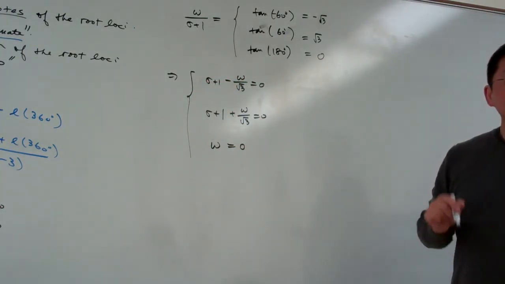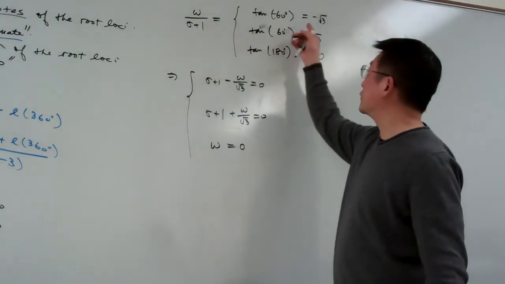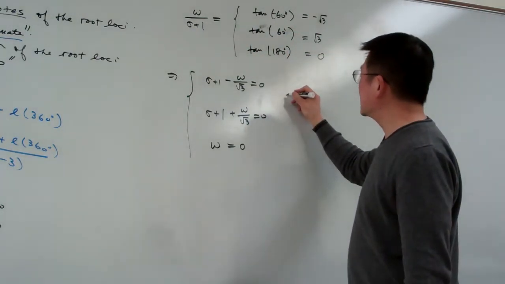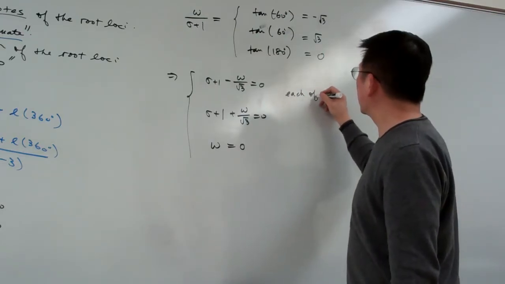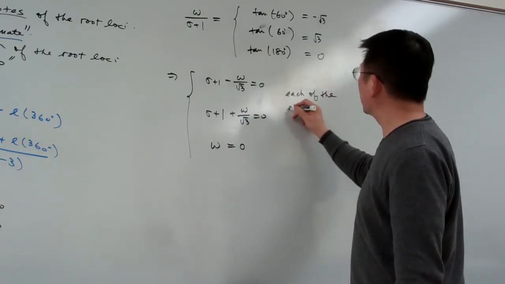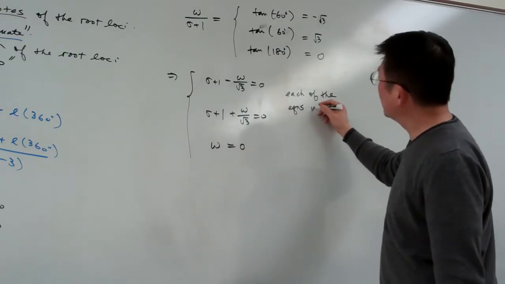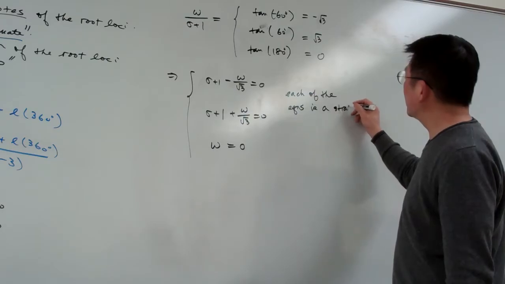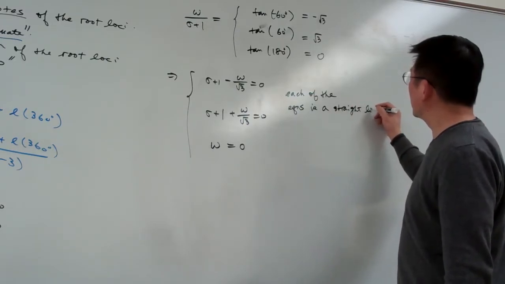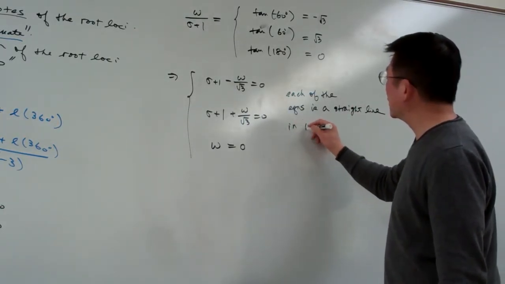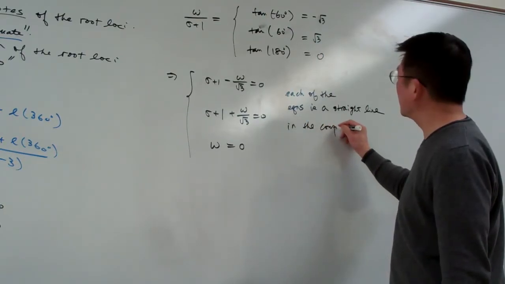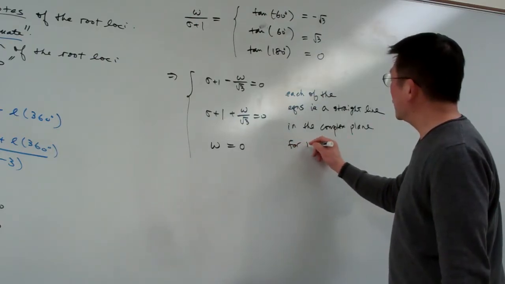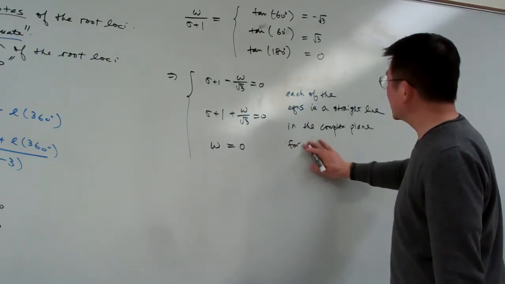You good? You simply solve these equations with the three numbers, and then we have these. Each of the equations is a straight line in the complex plane for one asymptote.